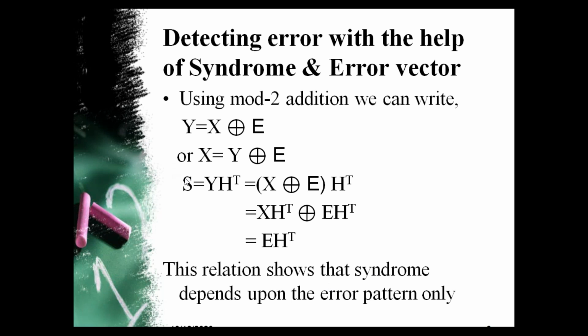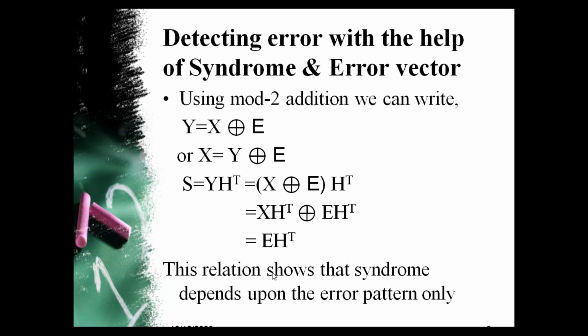We have this relation S equal to Y into H transpose, and we showed S equal to E into H transpose. Here H transpose is fixed for a particular generator, a particular linear block code. Then E is the error vector, the vector which shows the bit position in which the error occurred, and S equals E into H transpose.